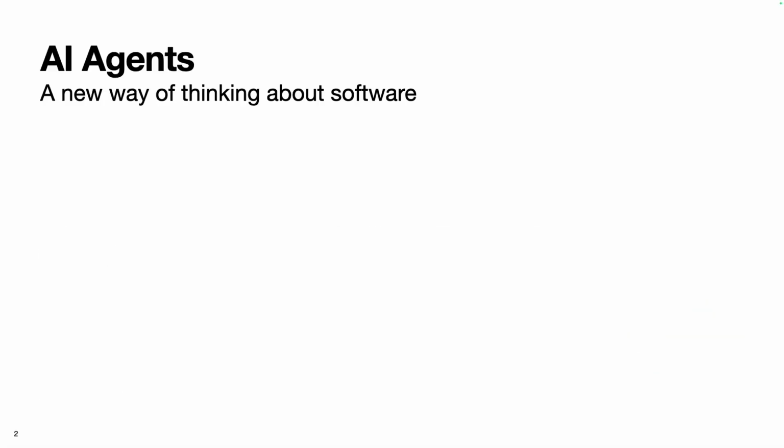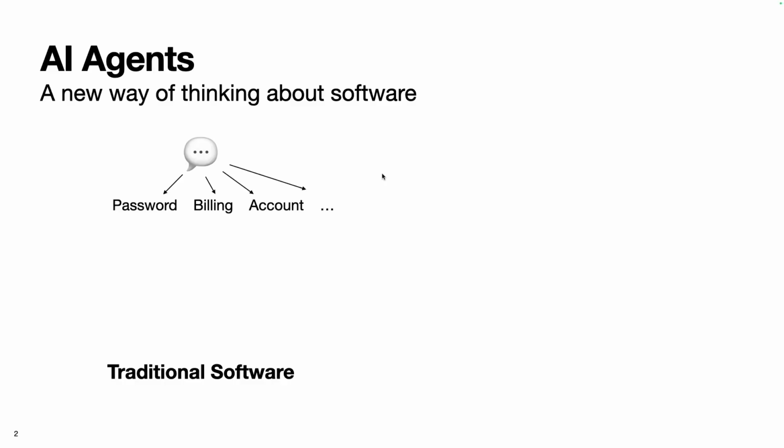AI agents give us a new way of thinking about software. For example, if we were building a traditional software system to do, say, customer support, it might look something like this. We'll have a customer query come in, then we might devise some clever rules or business logic to categorize this message. This could be categories like it's a password inquiry, a billing inquiry, account inquiry, and then so on with the long tail of things that customers ask about.